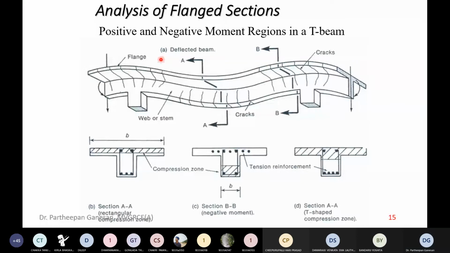Positive, sir. What do you mean by positive? Sagging, sir. Positive bending moment is sagging, and hogging is negative, right? Negative, yes. Okay. At the midspan, what kind of bending moment do you get?